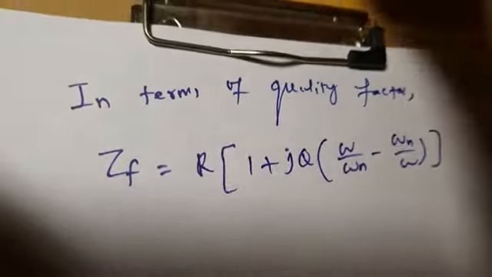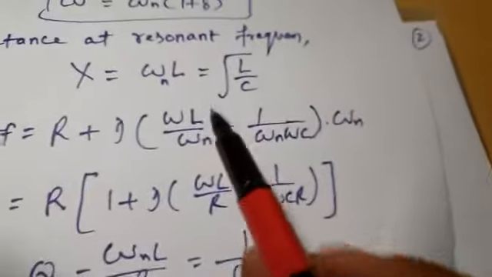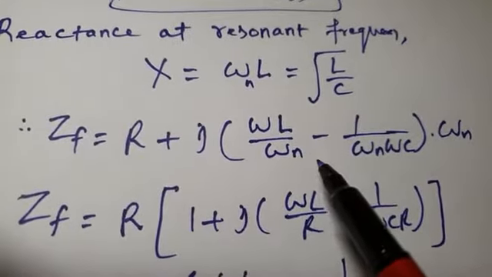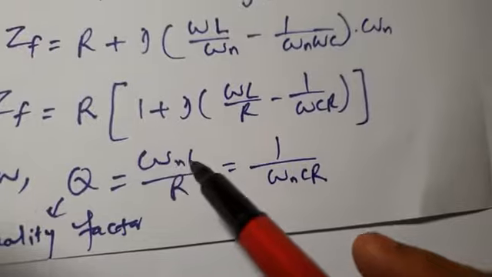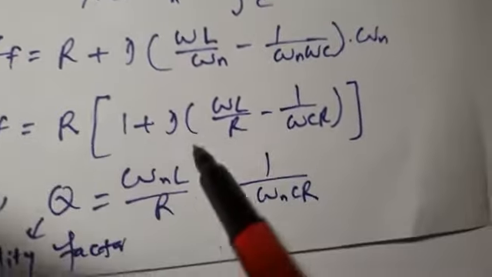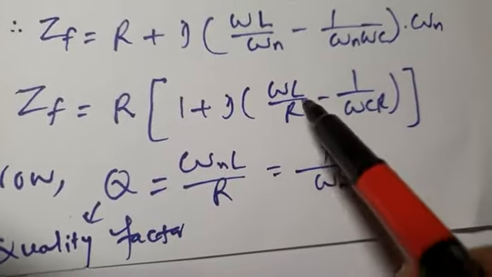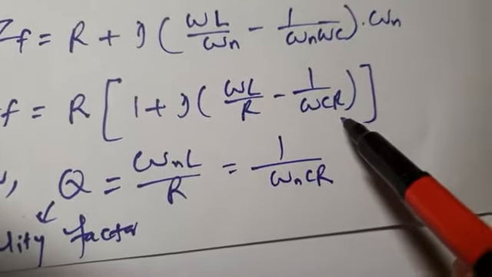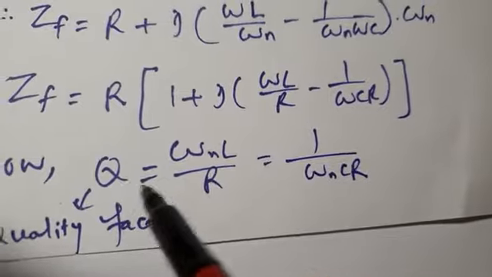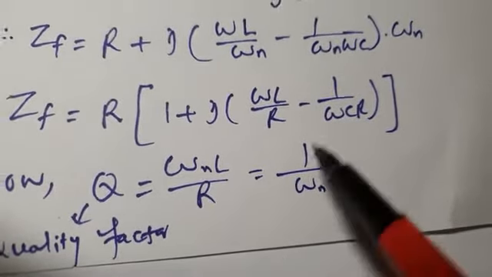This is your actual equation. Here, Q is omega n L by R. Similarly, ZF is equal to R times (1 plus j (omega L by R minus 1 by omega C R)). If you substitute Q equal to omega n L by R and simplify this equation, it comes out to be this.